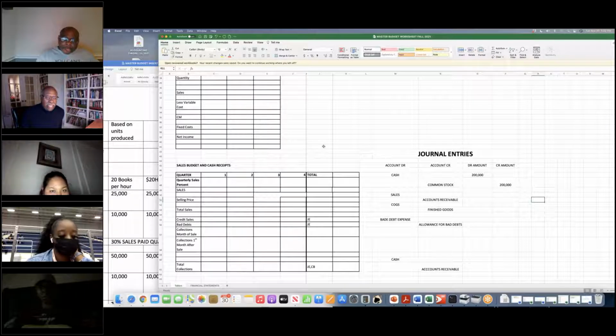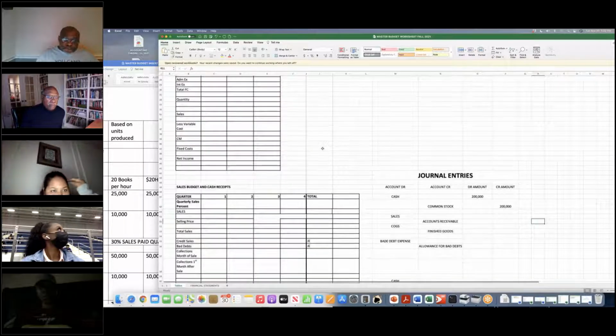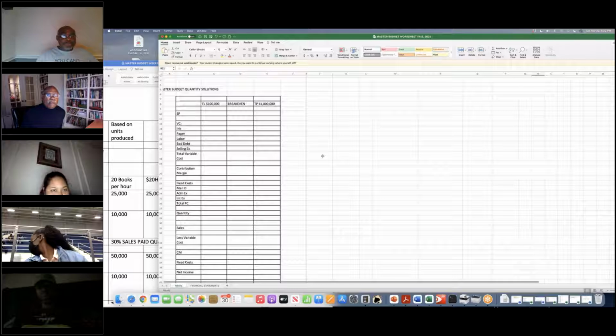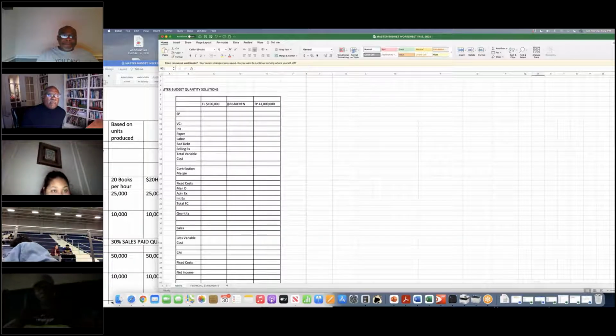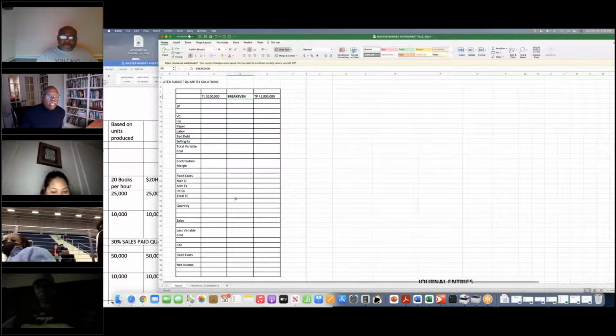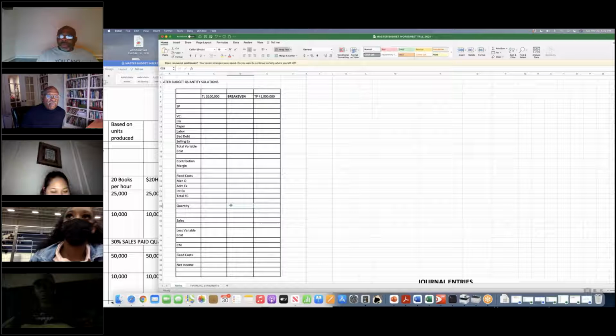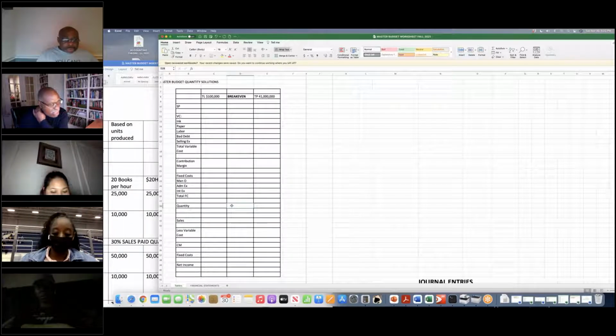Okay, the second thing we do is find out if we're breaking even. So we're doing the break-even analysis. What quantity do we need to break even? That's our next step. Now, what's the formula to calculate break even again?